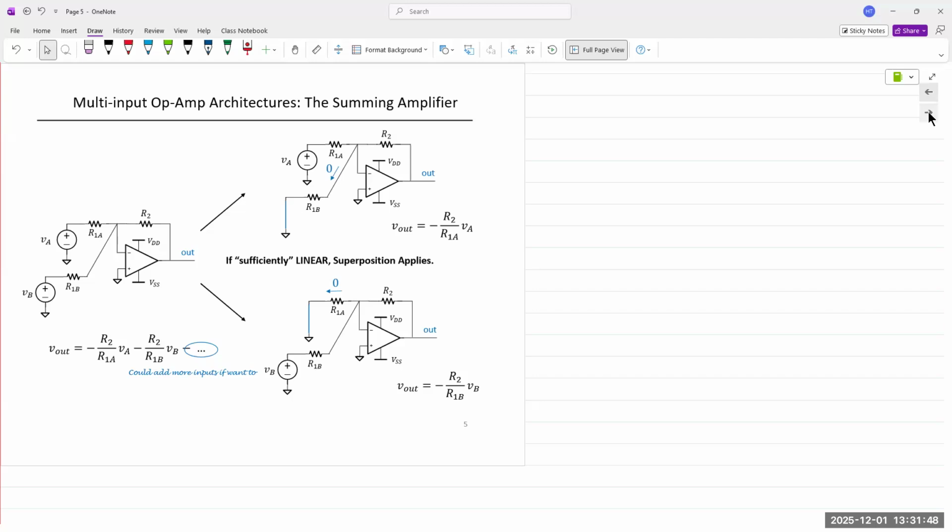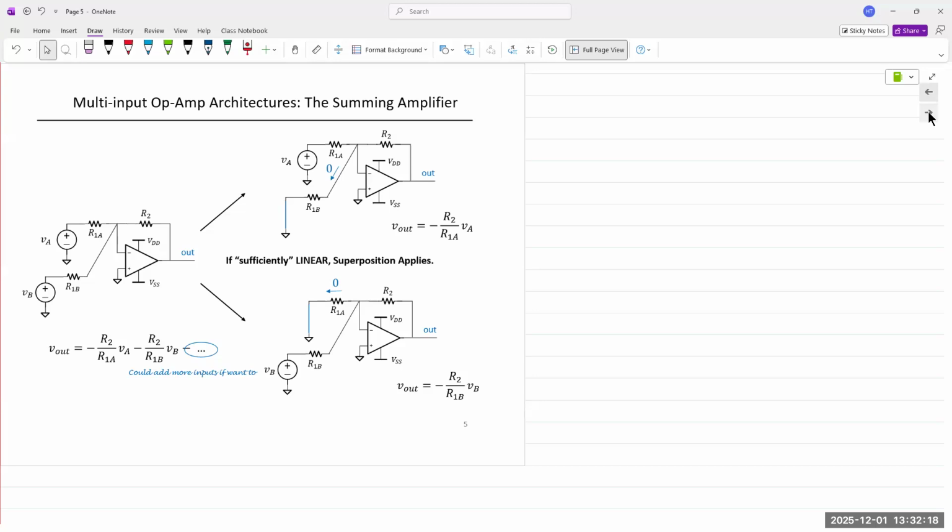The circuit setup is extremely straightforward. In a summing amplifier, all we do is we take all the input sources and connect them together and feed it into one terminal. If we feed it into the inverting terminal, we have an inverting summing amplifier. If we feed it into the non-inverting terminal, we have a non-inverting summing amplifier. The rest of the configuration remains exactly the way it is.